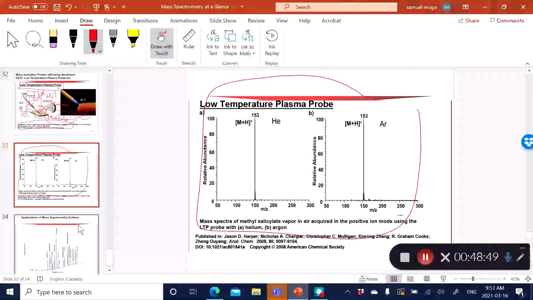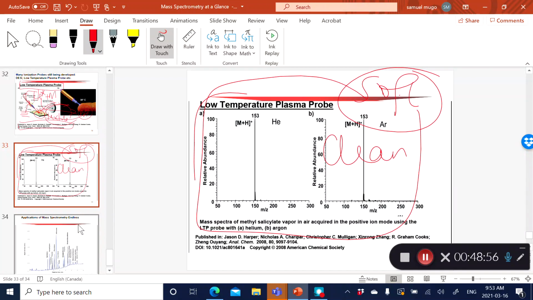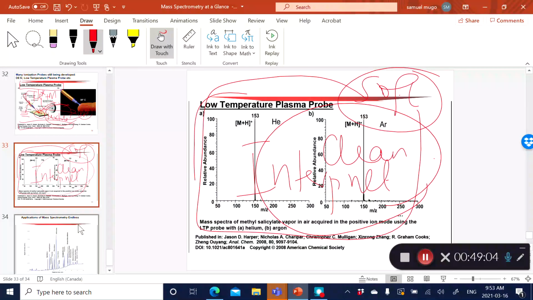You can see the mass spec is very, very clean, meaning it's a very soft ionization method. Of course, that makes it very easy to interpret the data. That's what you want, especially in an airport environment. You want it to be very clear, so that the data doesn't need a sophisticated expert to analyze it.